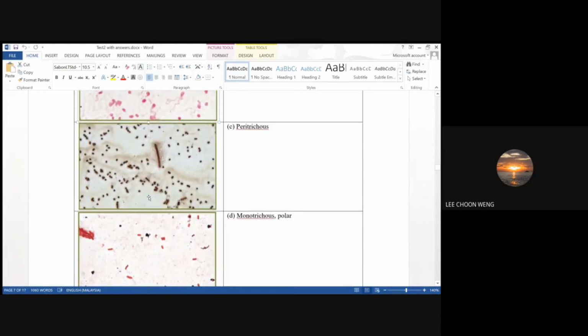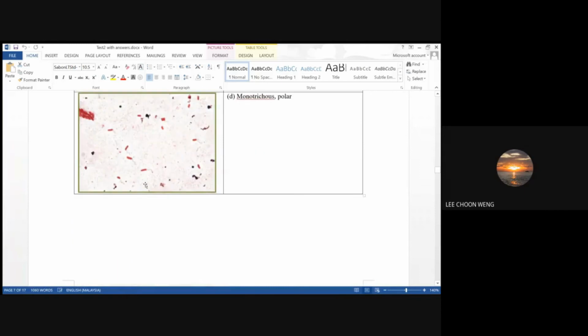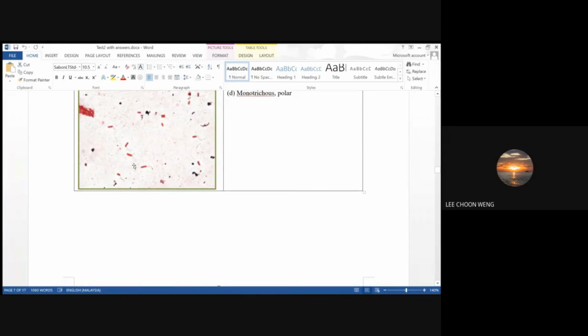You can see this one is clearly peritrichous, but this may not be a pure colony. But here you can see it's a peritrichous, and this is monotrichous. Okay? And some of them you can see the flagella is lost.